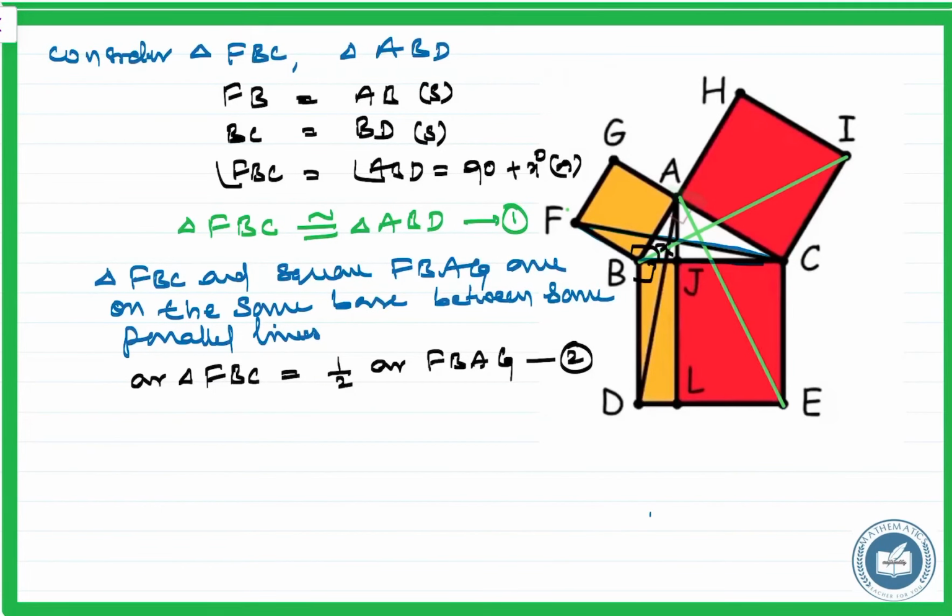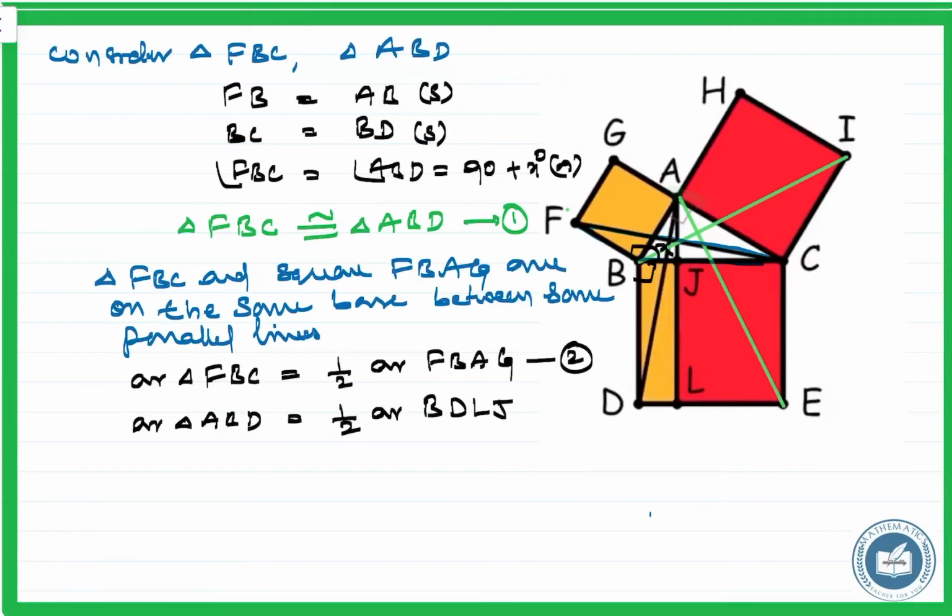Now here you see similarly, the area of the triangle ABD is half of the area of rectangle BDLJ.